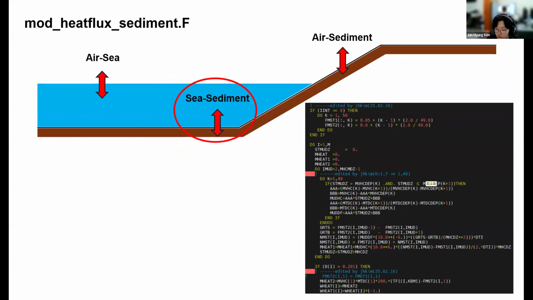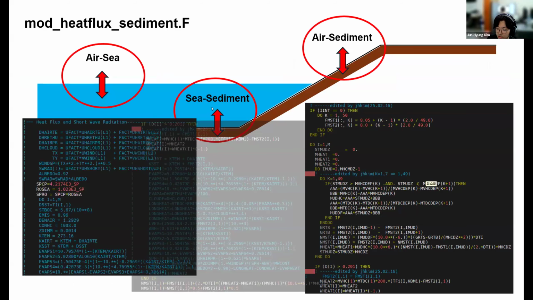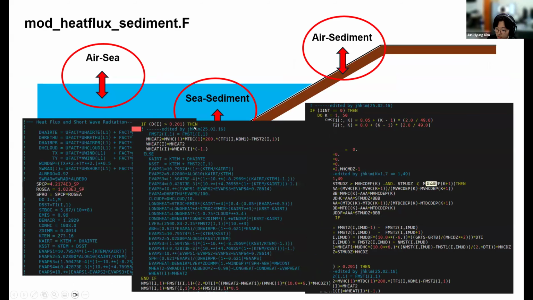But the part related to air interaction is still under editing now. So I'm not sure if I'm doing this in the right way. If there are any references or anything that can help me with this process, I'd really appreciate it. Okay.